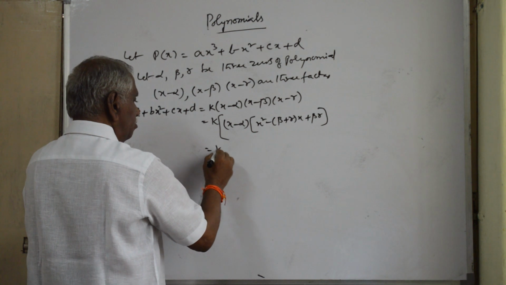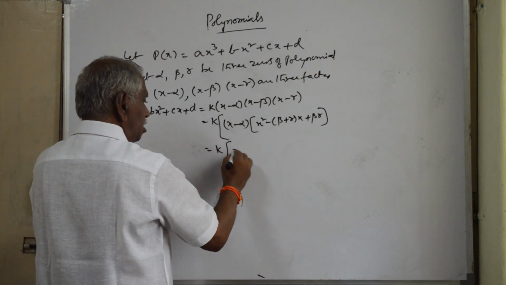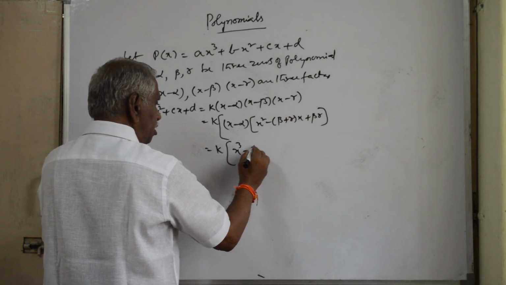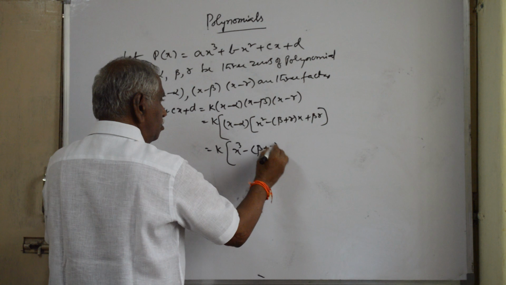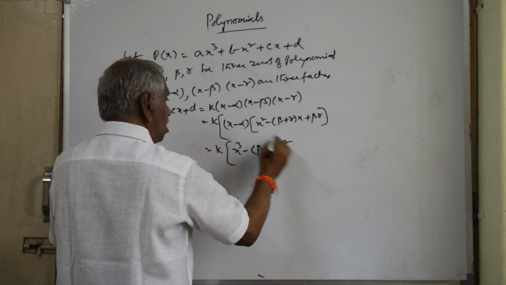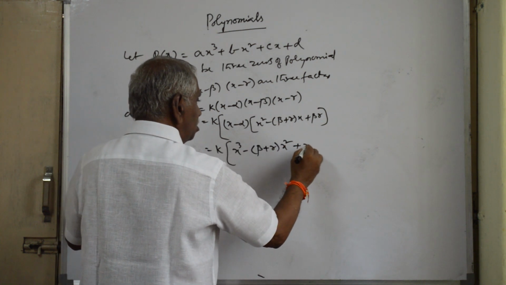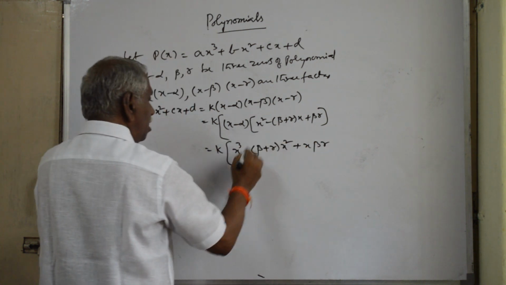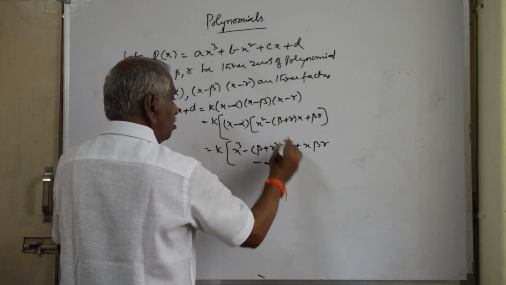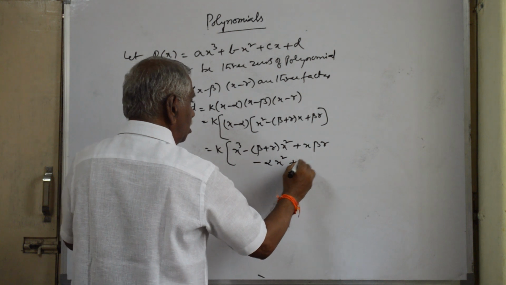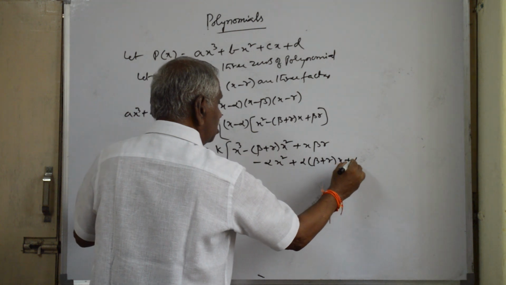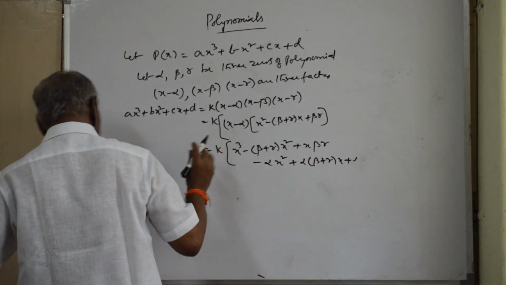Now once again, x into x square gives x cube, minus beta plus gamma into x square, plus x beta gamma. Similarly, minus alpha x square plus alpha into beta plus gamma into x plus minus alpha beta gamma.